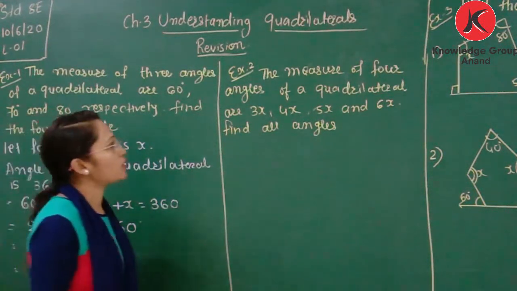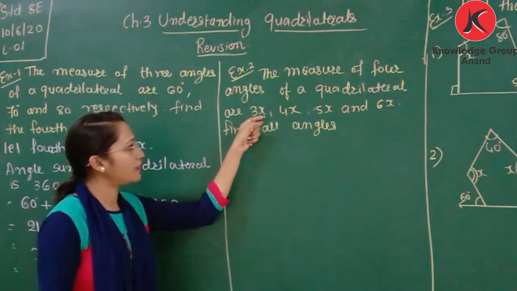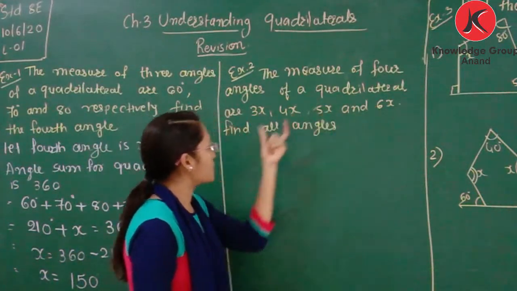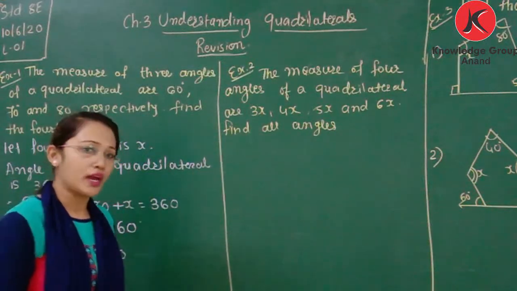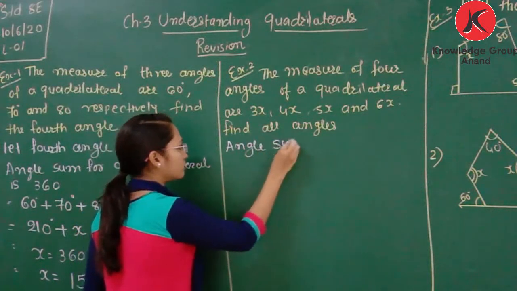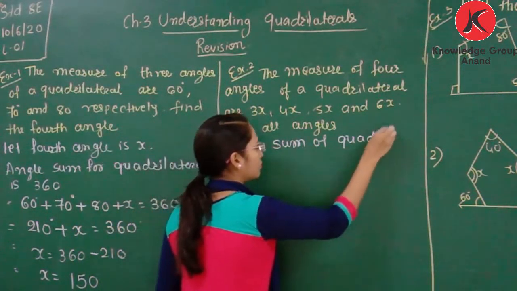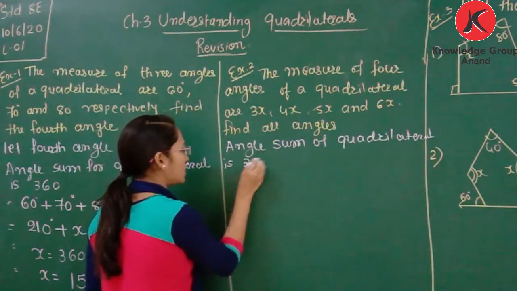Now question number 2. The measure of 4 angles of a quadrilateral are 3x, 4x, 5x and 6x. Find all the angles. Again 4 angles are given, so we can write angle sum of quadrilateral is 360.